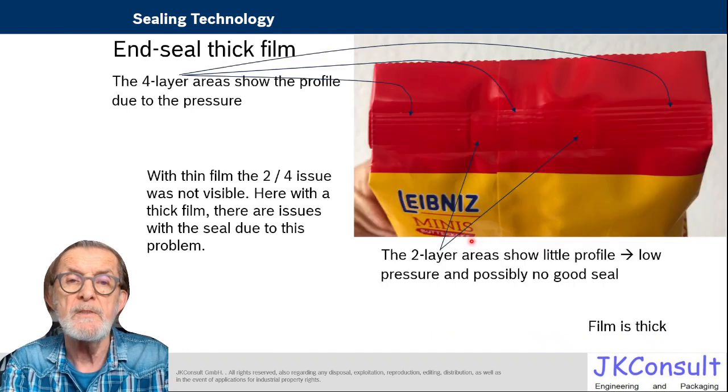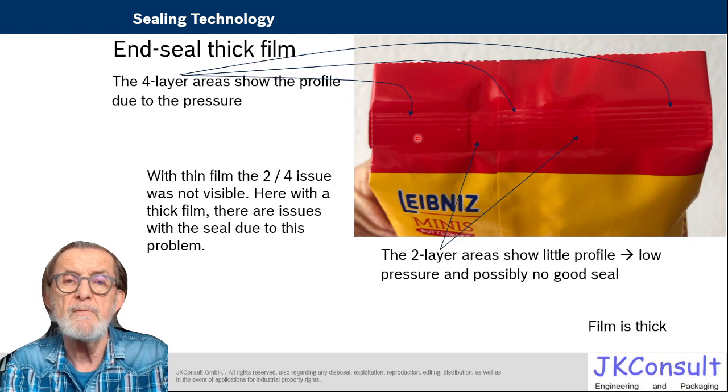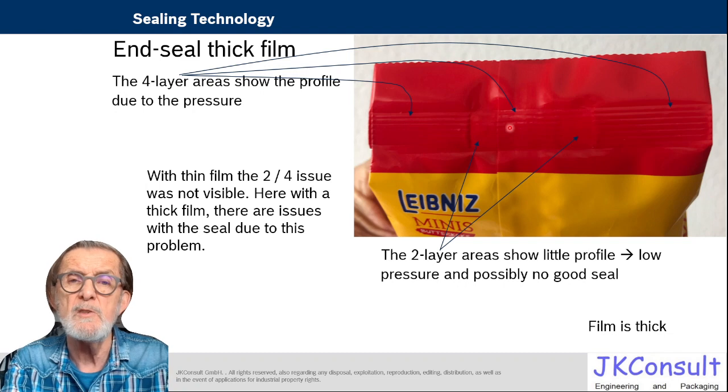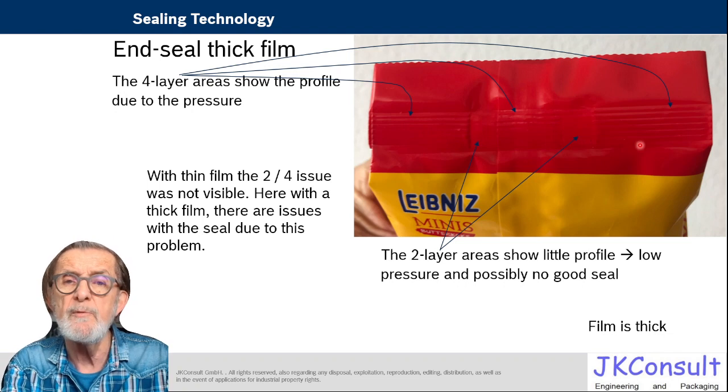That is important. If you look at thick film, the one before was thin film, here we have thick film. You see clearly the differences between the two areas: 4-layer, 2-layer area, 4-layer, 2-layer, 4-layer. And you see here you have a marked profile, and here hardly anything is seen.